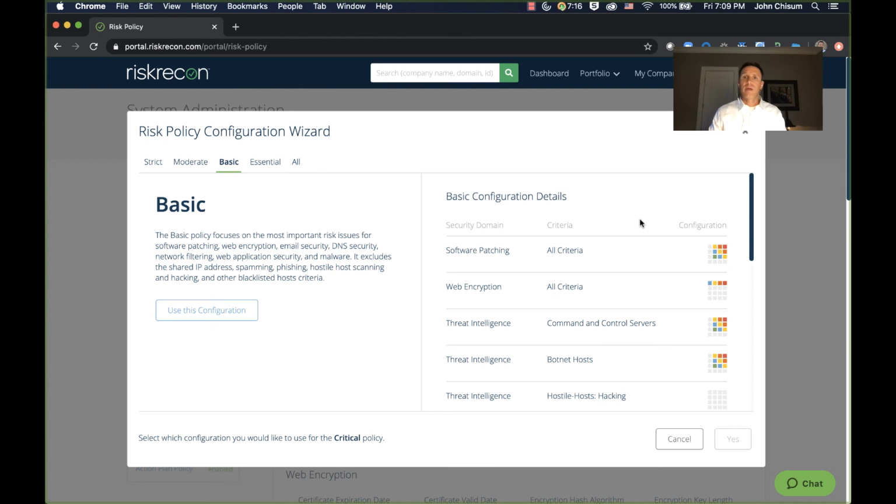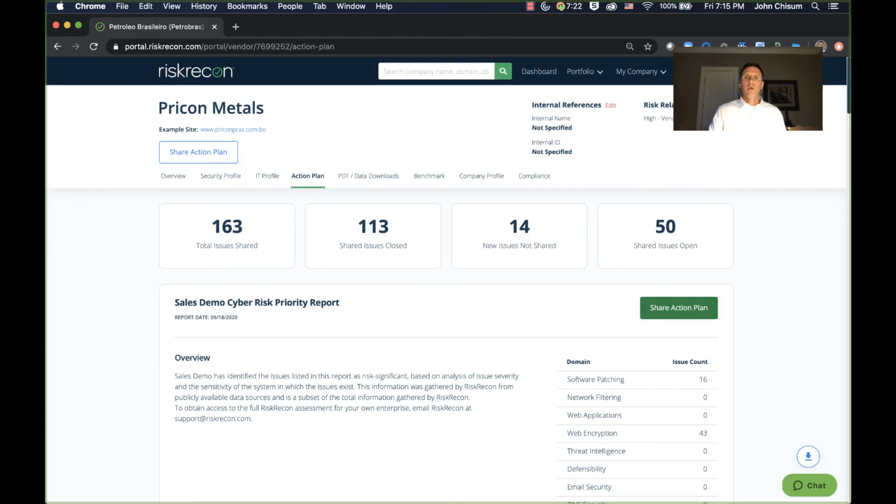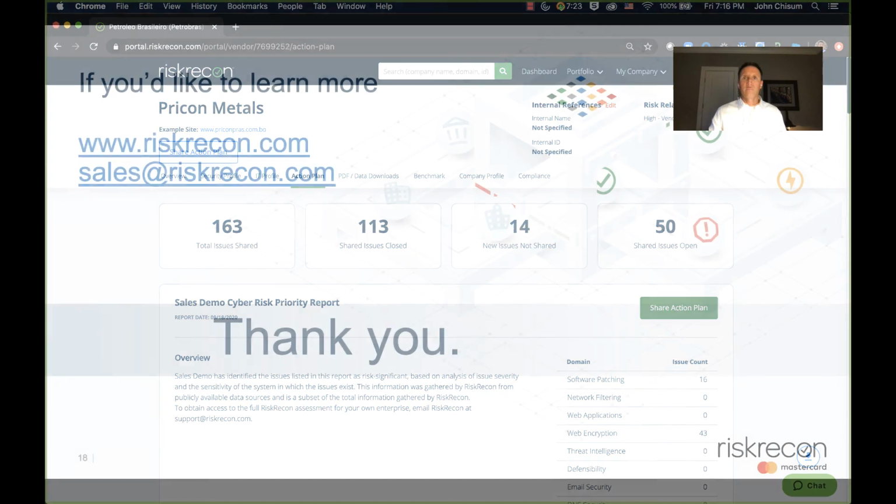For example, to create custom action plans for companies you're working with, or to trigger custom detailed alerts. And in order to track and report on risk reduction, RiskRecon gives customers the ability to share custom policy-based action plans with their vendors at no cost, no time limits, and no data masking.